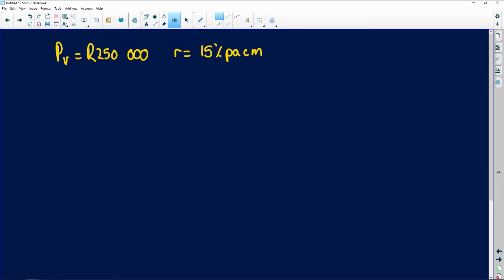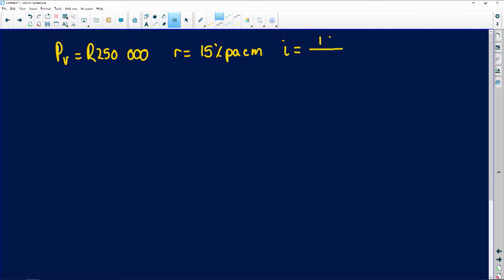In financial maths, you cannot use this interest rate. You need to change it to an effective rate per period. And in this case, we're going to change it to a per month rate. So let's do that while it's on the screen. We're going to change it to a decimal by dividing the whole thing by 100 and then also dividing it by 12 to make the per year a per month.